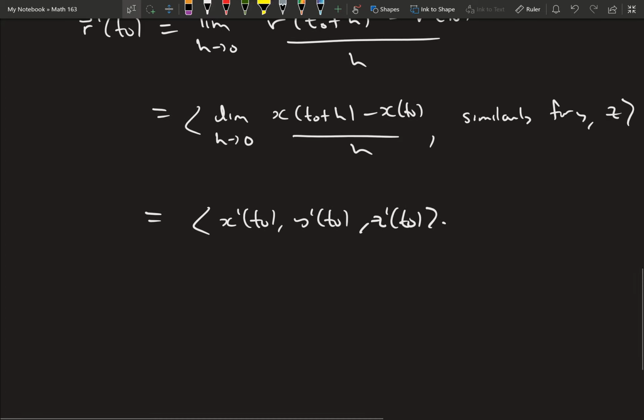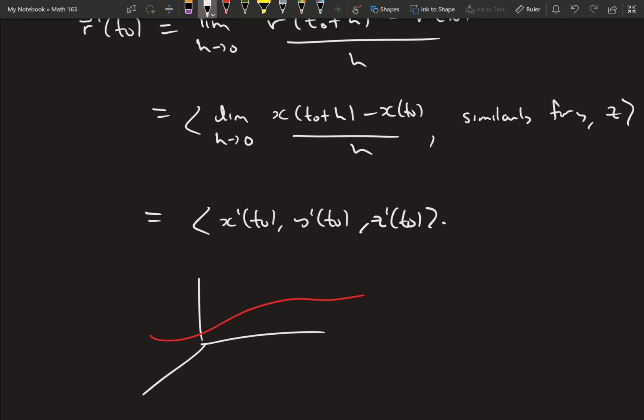Okay. Pictorially, what's happening is you have a curve in space, something like this, and here's the vector r of t naught plus h, and let's call this r of t naught.